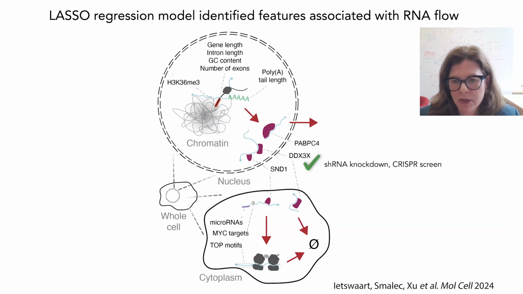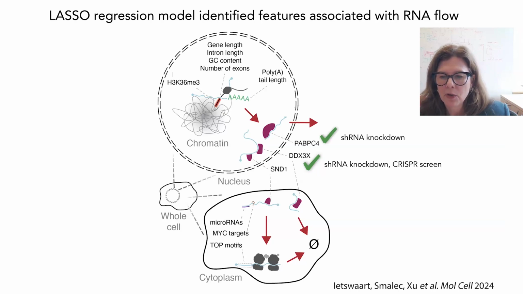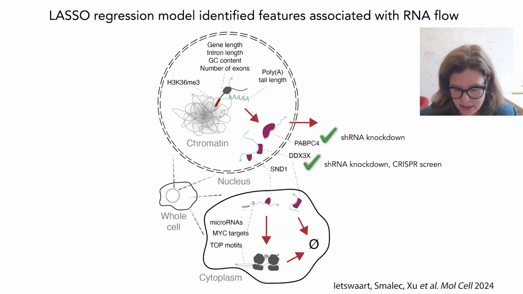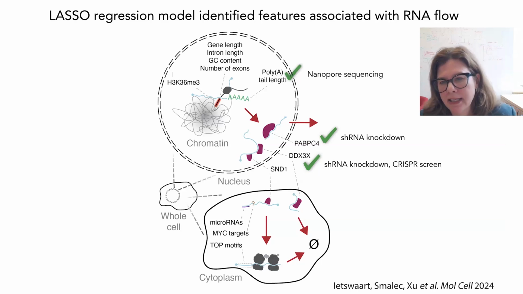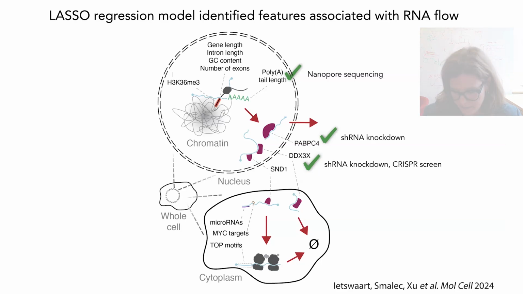In fact, it was the most enriched pathway of that CRISPR screen. We also found that PABPC4 controls the export of its targets to some degree. And by measuring the poly A tail length by nanopore sequencing across these cellular compartments, we could confirm that tail length correlates strongly with residence time on chromatin.